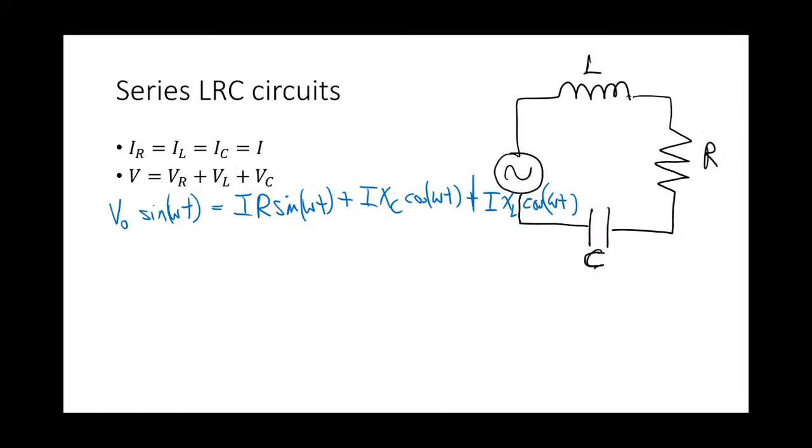If we were to, then we can actually make this into that sum of XC cosine omega t plus XL cosine omega t, right?